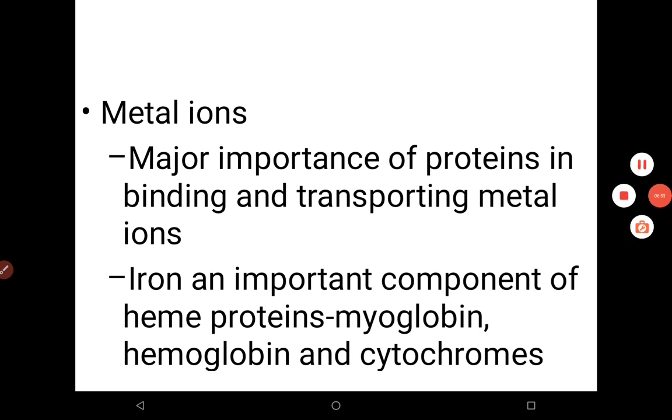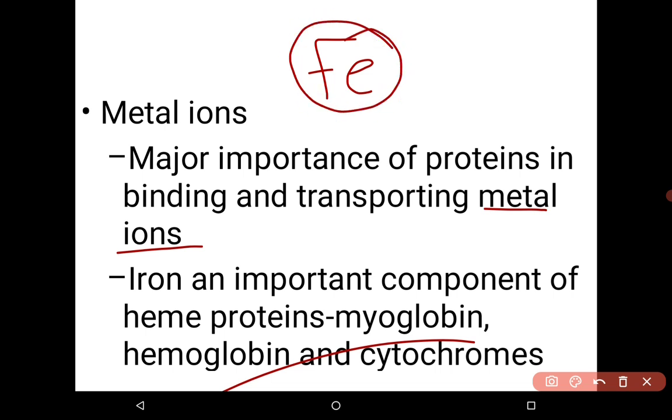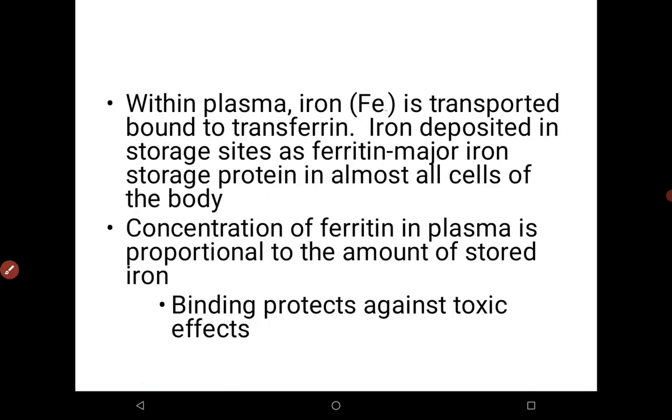So certain proteins bind to certain metal ions, and one that is common is iron, which is found in hemoglobin and myoglobin, also in certain proteins called cytochromes. So within the plasma, iron is transported by another protein called transferrin. So it will deposit iron in storage sites. So transferrin is a transporter, but then a storage form is ferritin.